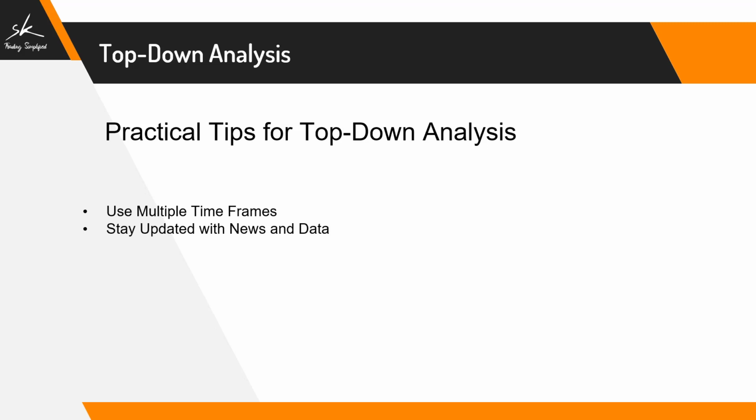Keep a close eye on financial news, economic reports, and company-specific updates. This information will aid you in making informed trading decisions based on the most recent developments. Combine top-down analysis with technical analysis tools like charts, indicators, and patterns to validate your trade ideas and improve your entry and exit points.